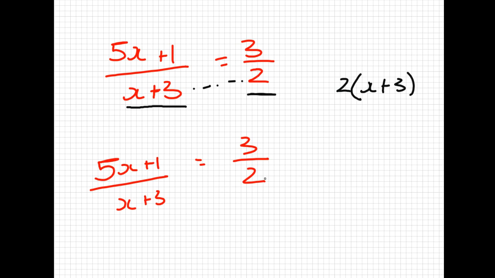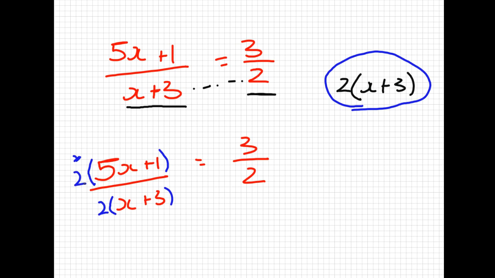And now we're going to convert them to have the same denominator. The denominator I'm working towards is 2(x plus 3). So over on this side, we have x plus 3. How do I turn that into 2(x plus 3)? All I have to do is times it by 2. Whatever I do to the bottom line, I have to do to the top line, so I'm going to times that by 2 as well.